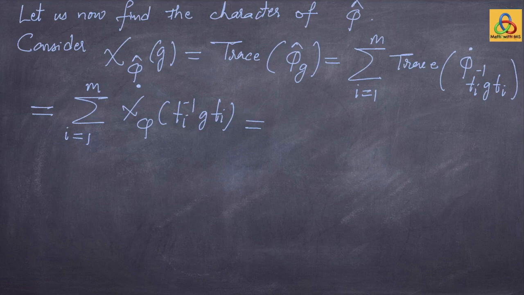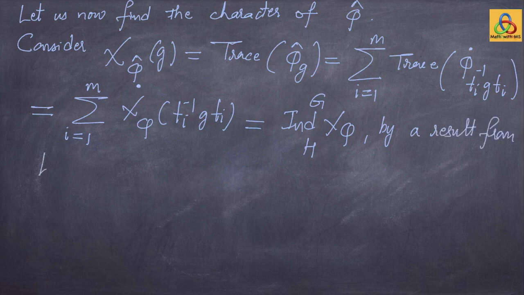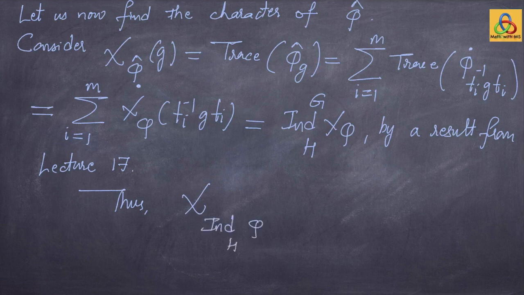So therefore this is just the same as induction of chi of phi from the subgroup H to the subgroup G. This, by a result from lecture number 17, the character of induction of representation phi from the subgroup H to the subgroup G is just the same as the induction of the character of the original representation from the subgroup H to the subgroup G. So this proves the theorem.